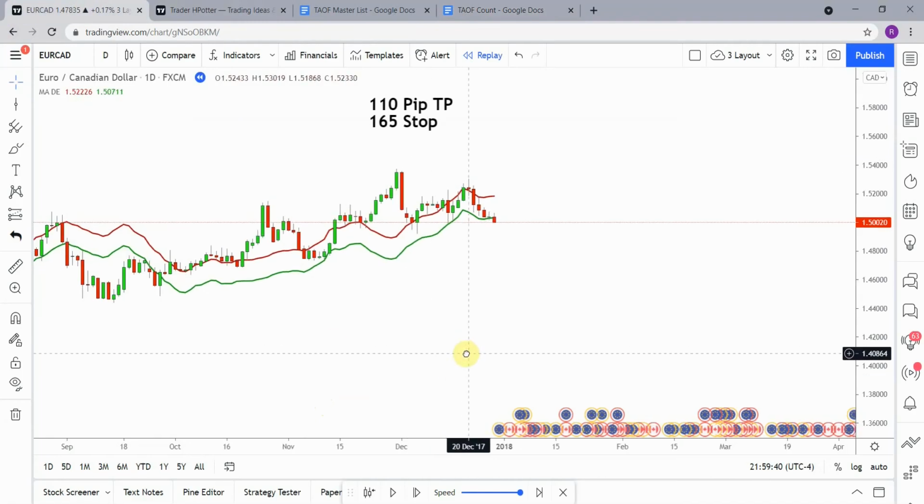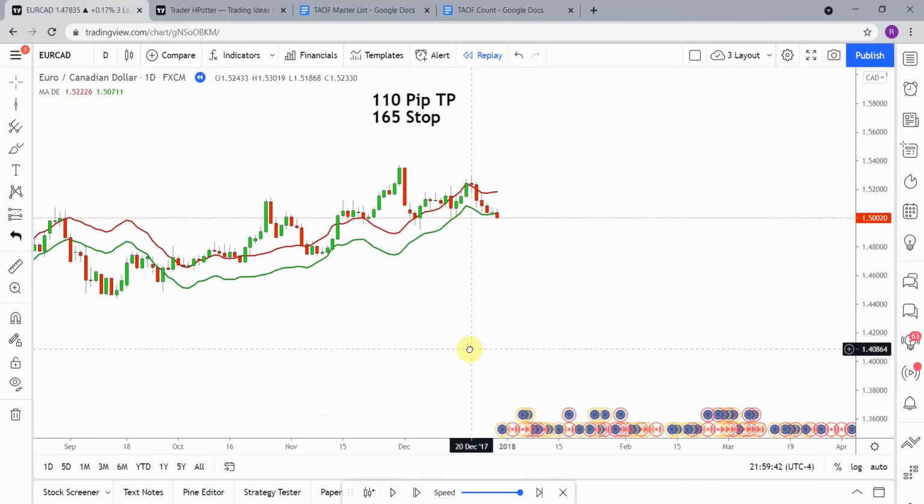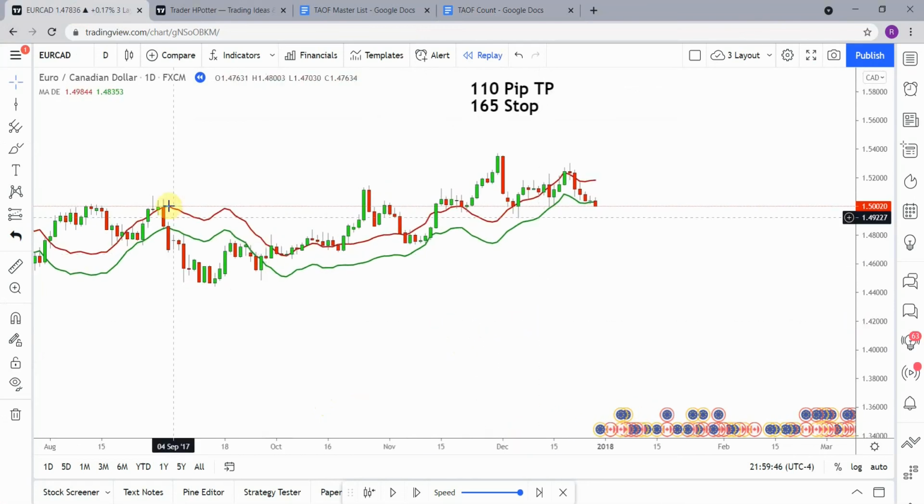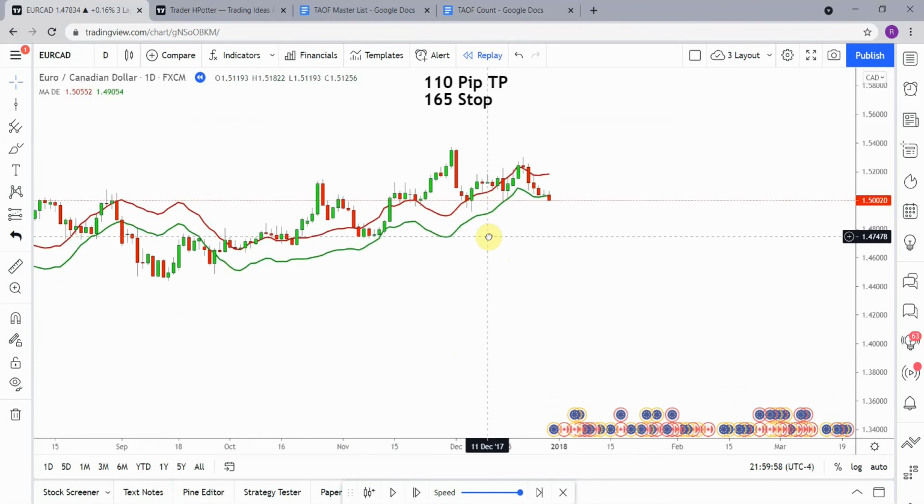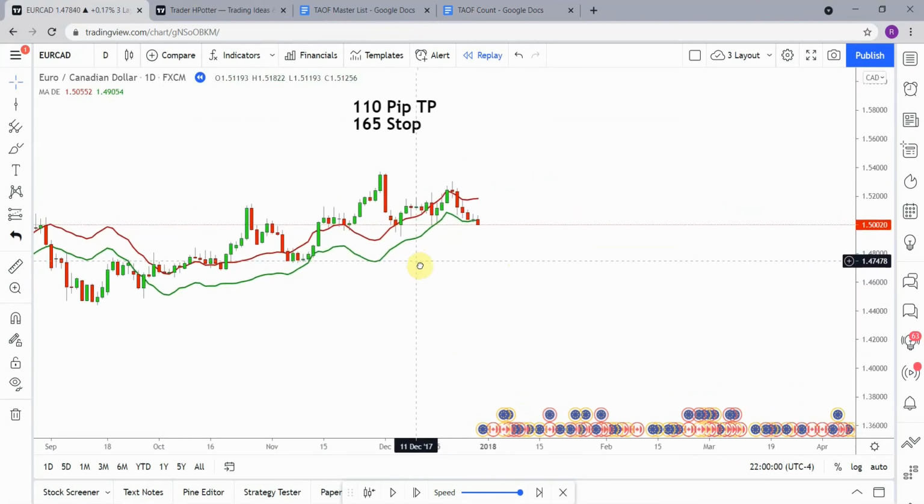Okay, so today's indicator is the moving average displaced envelope. You can see it here on screen, and basically what we have is two moving average lines, and they create a channel. They are moving in tandem with each other, and the way we're going to test this is pretty simple.